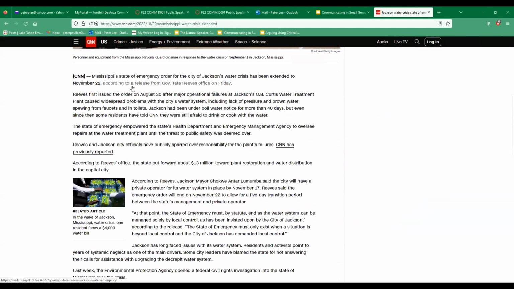Here it just again says since August 30th. So all of September, all of October, and now we're into almost half of November. You see that the whole city's water system has had a lack of pressure, brown water spewing out, 40 days of boil water notice, but even then people are afraid to drink it.